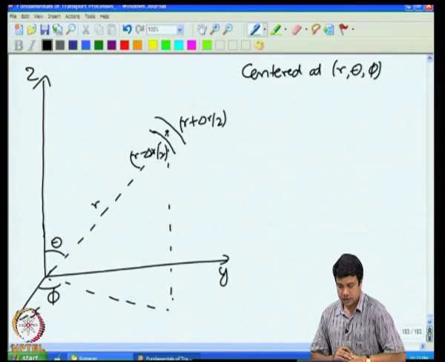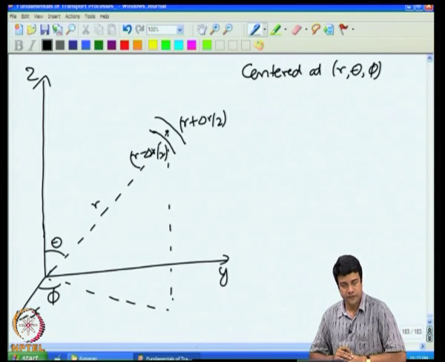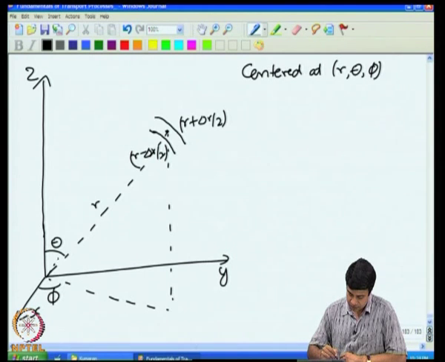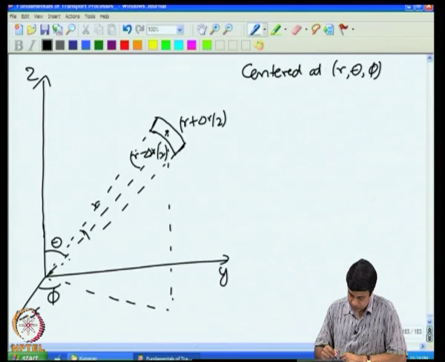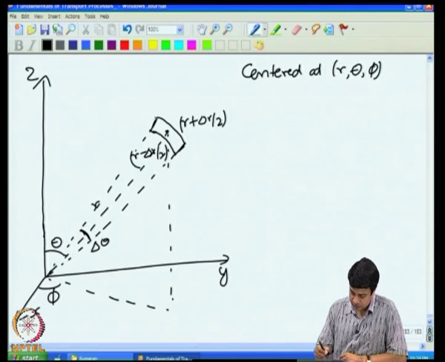In the theta direction, these are going to be bounded by two surfaces at constant theta minus delta theta by 2 and theta plus delta theta by 2. So, this is theta, this angle is delta theta, this total angle.